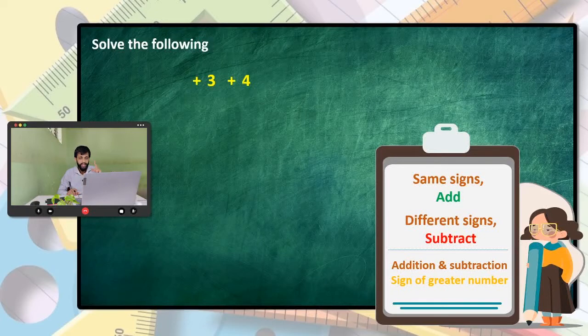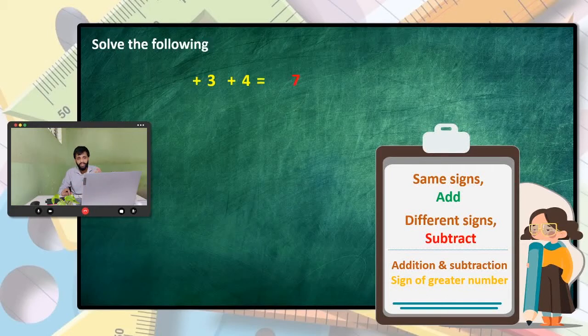Again, same signs we add, different signs we subtract. Now, same signs need not be only positive. Same signs can be two negative also, but they're same, right? So here, for these two numbers, plus 3 and plus 4, are the signs same? Yes. Then what are we going to do? We're just going to add them. So 4 plus 3 equals 7.